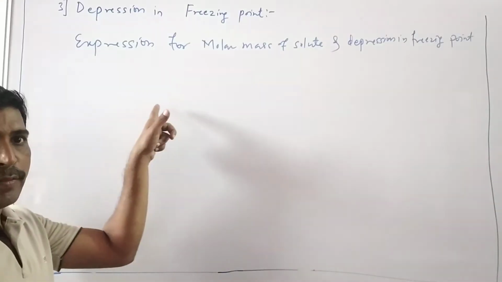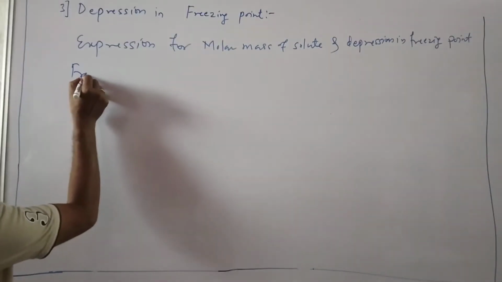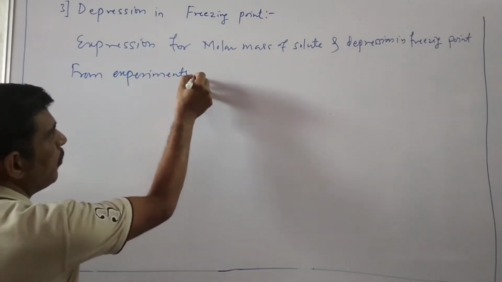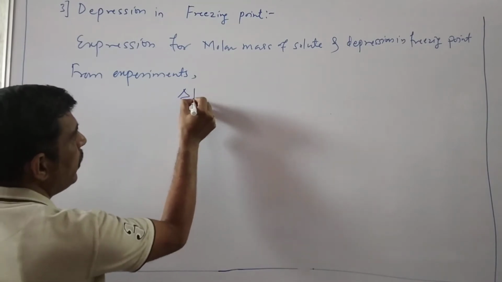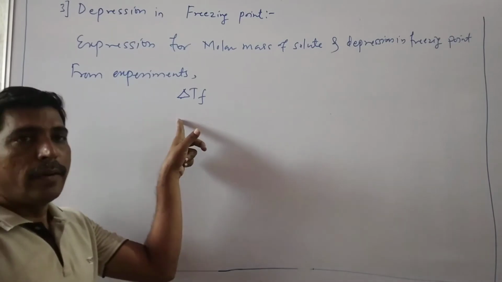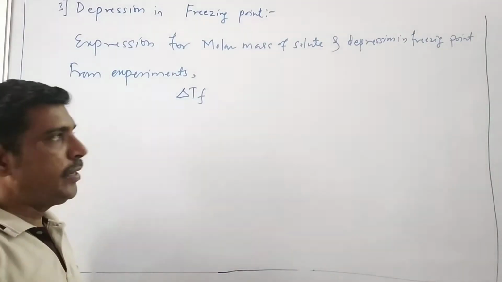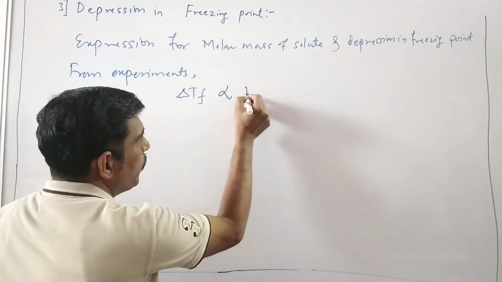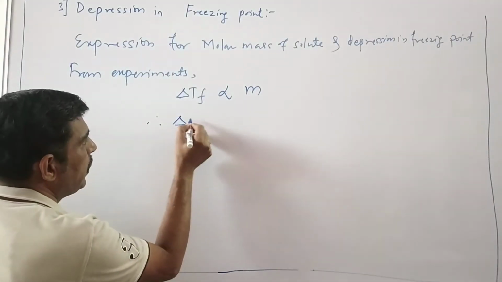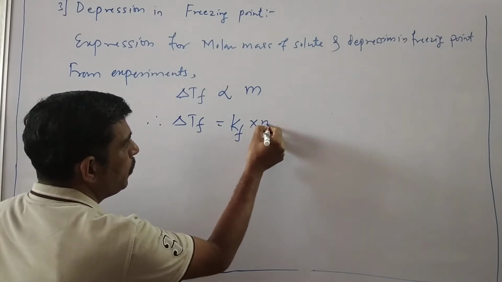Here also we will take help of experimental data. We know that delta Tf, the depression in freezing point, the value of which we also get from experiment, is directly proportional to the molality of a solution. Therefore, delta Tf is equal to Kf into m.